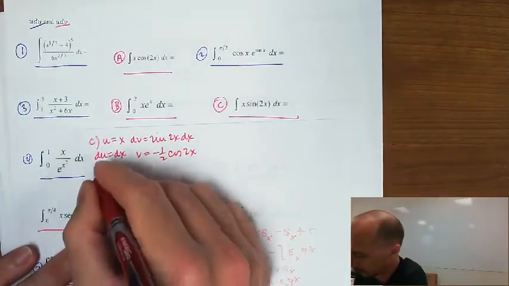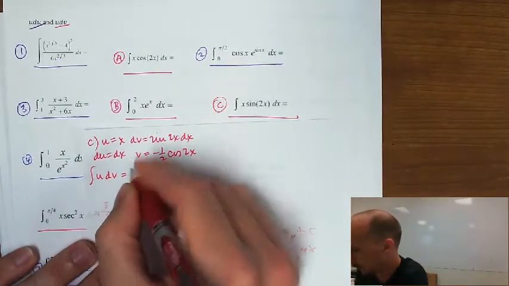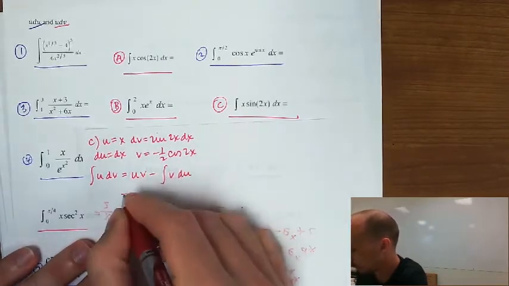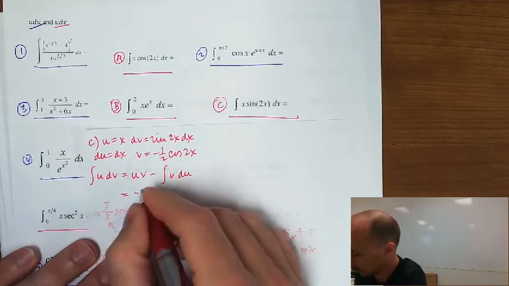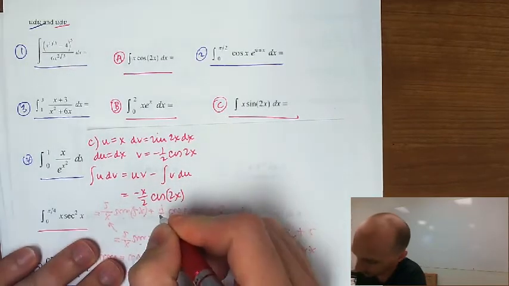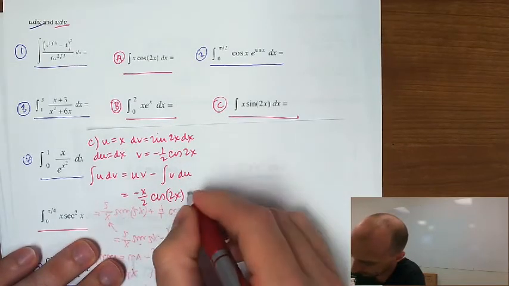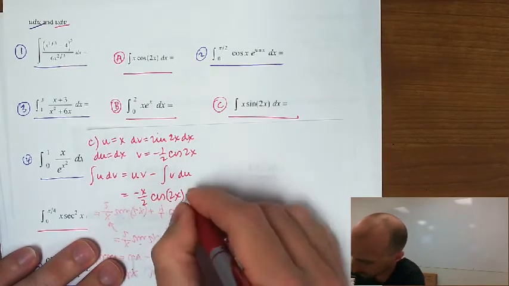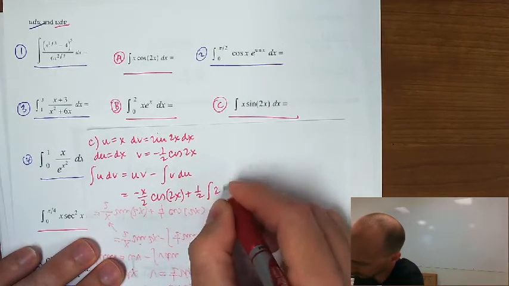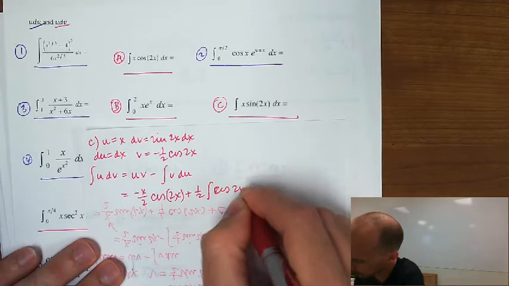All right, so the integral of u dv equals u times v minus the integral of v du. So this is minus the integral of v, so it'll be plus 1/2 the antiderivative of cosine 2x.